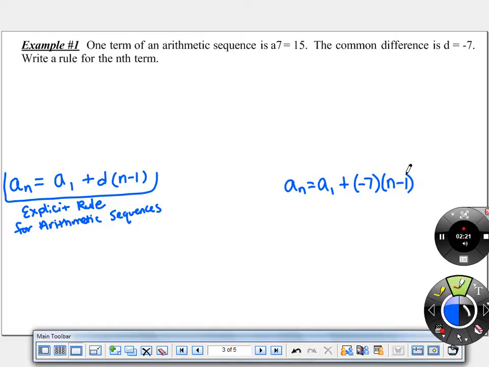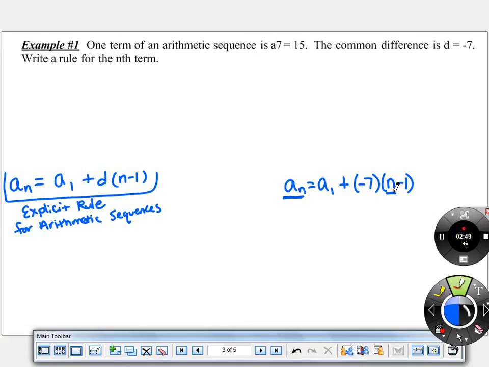Now, if I'm going to leave it as a rule, the variables that my rule would contain when I'm done writing it is the output I get after I use this input. So I want my rule to have an a n and an n in it. That is complete. That's like an x and a y, right? Plug in this x, get out this y. That's what we're trying to build, an equation. But I can't have this also be empty, or else I haven't built a rule where you can plug in the term number and figure out the term.